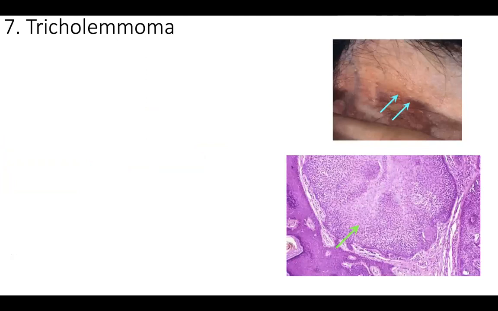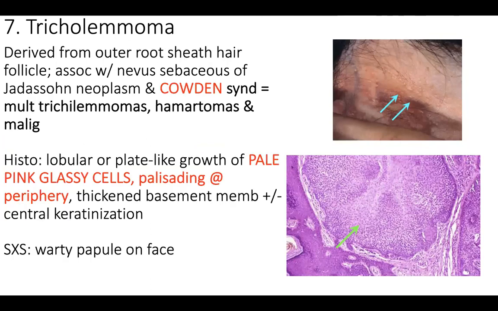Trichilemmoma, which we had just sort of mentioned, is derived from the outer root sheath of hair follicles. It is associated with Jadassohn neoplasm and Cowden syndrome, which it would be important to know. Cowden syndrome has multiple trichilemmomas, hamartomas, and malignancy associated with it.